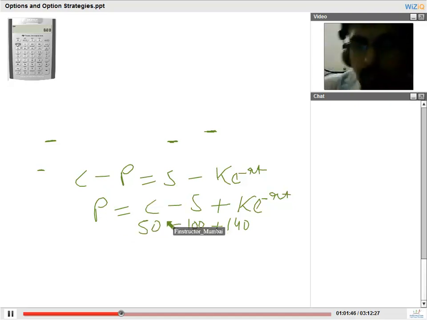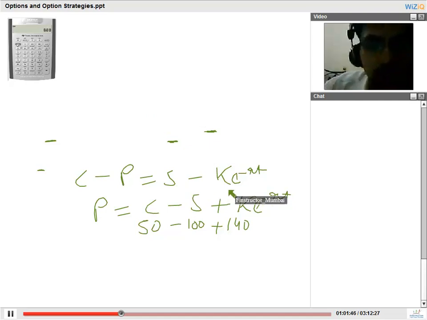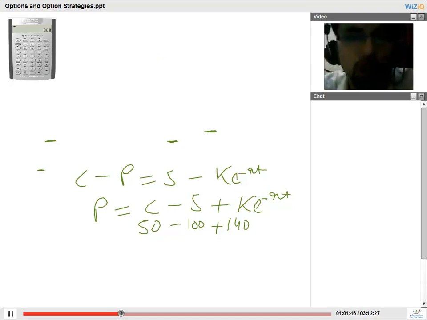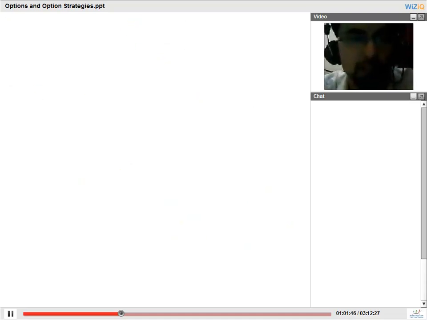Okay. So please do e raised to power minus RT. That is, first calculate the rate of interest. I'm sorry guys, the asset also has a dividend yield of 2%. Okay, the asset has a dividend yield of 2%. The formula that we derived was for non-dividend paying stocks.